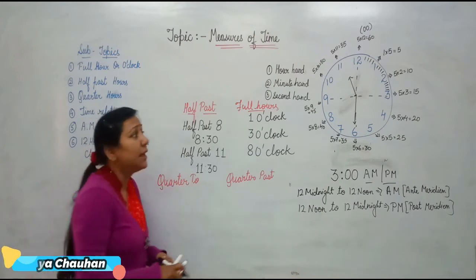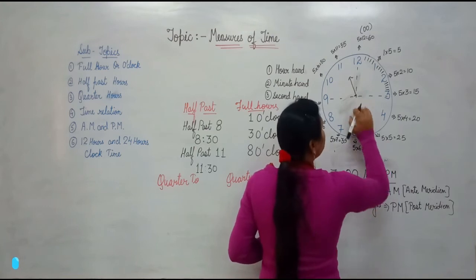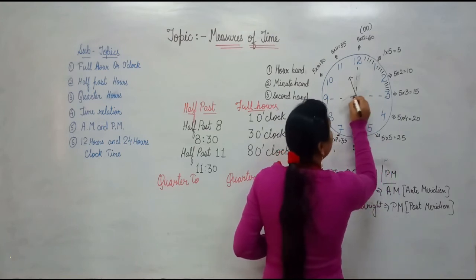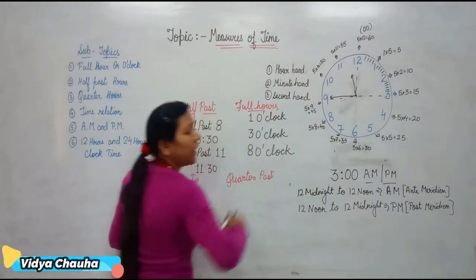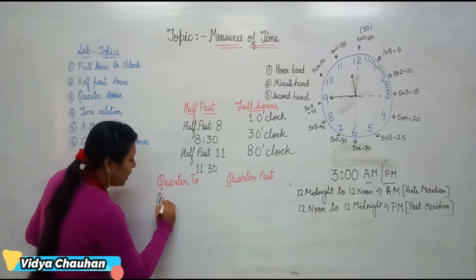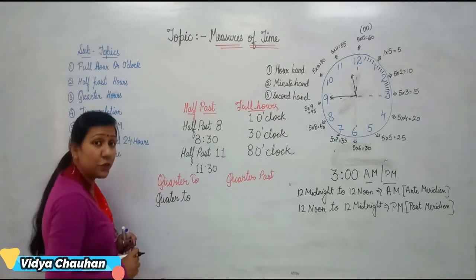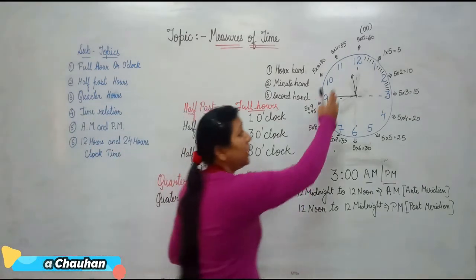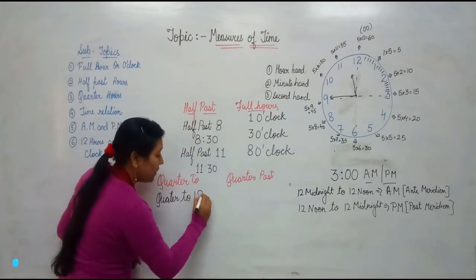Quarter to means if your minute hand is at 9 and our hand is just reaching 12, then you will say quarter to, and which value? The next value where your hour hand is reaching, that is 12.